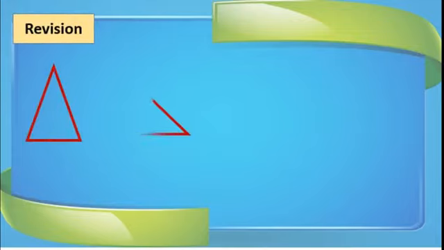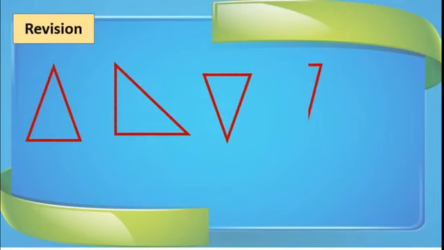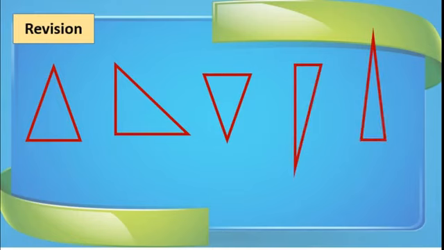Observe this carefully. Again we can see different figures and one similarity is there among them. Again we will count the sides or edges. This one has 1, 2 and 3 sides. One more figure we will take.